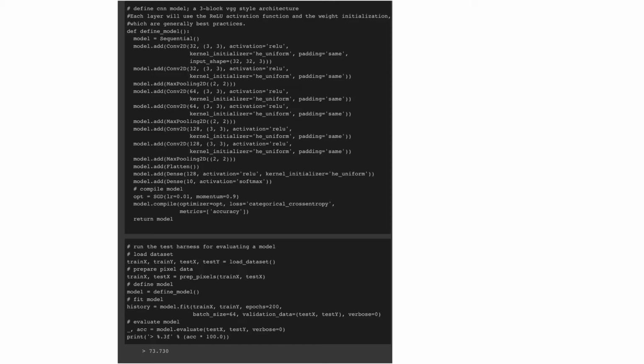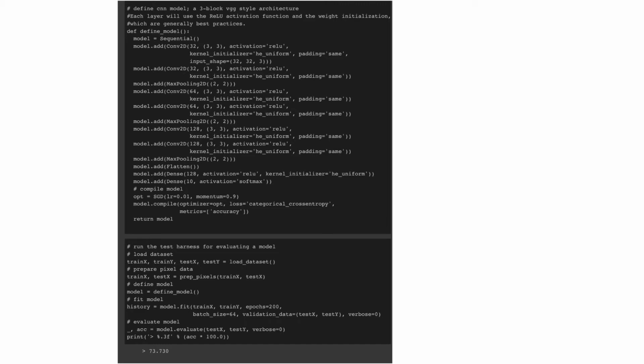For every layer I add an activation function, which is ReLU, and then I add softmax in the output. I use a learning rate of 0.01, with 200 epochs and a mini batch of 64.